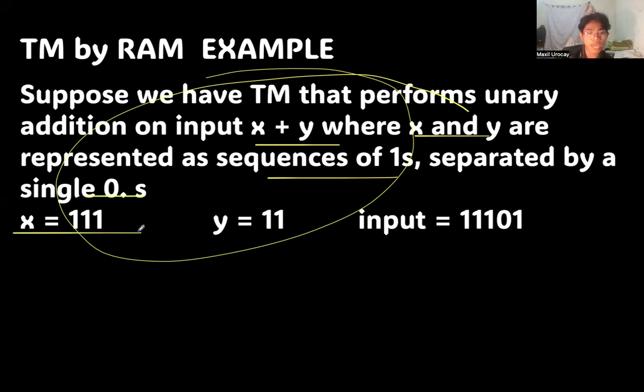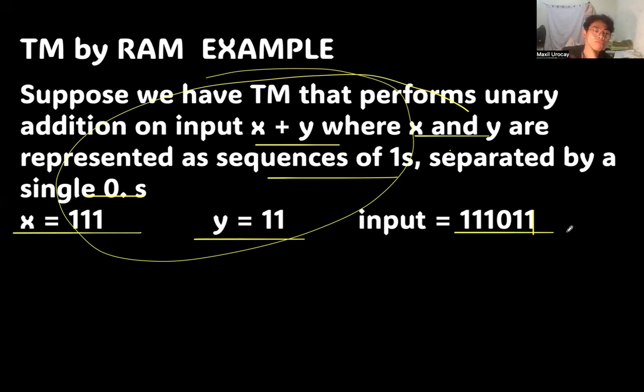For example, x is represented as 3 ones and y is equal to 1. So the input must be 1, 1, 1, 0, 1. Let me correct that moment. So the input will be 111011 supposedly.